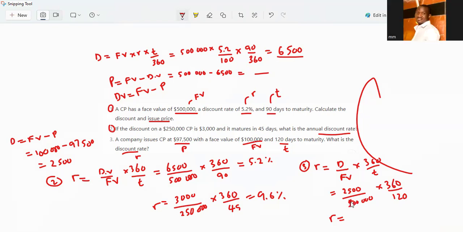Yes, thank you, it is 100,000. The 2,500 is the actual discount, and the time is the 120 days. So this helps us calculate our discount rate, which is 7.5%. All right, are we together?